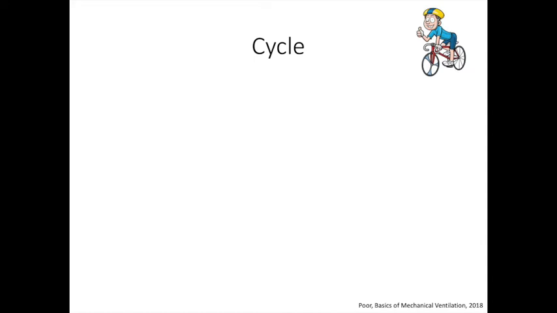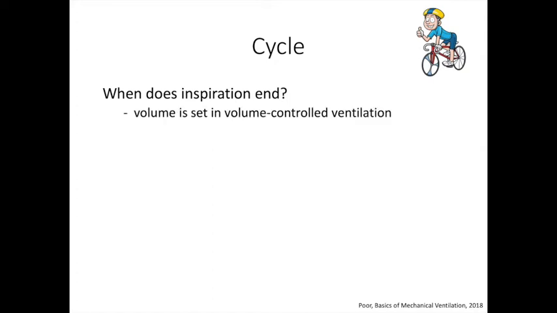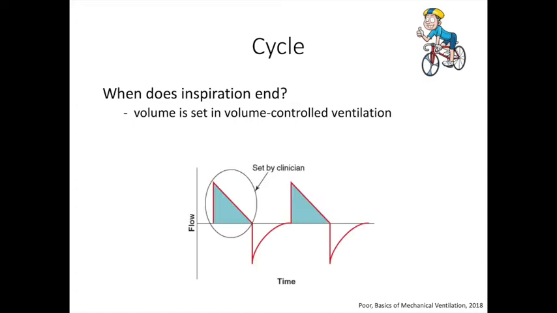The third phase variable is known as the cycle. The cycle determines when inspiration ends. In volume control ventilation, volume is the cycle. When we look at our flow curve that we have set, volume is merely the area under the curve of this flow pattern.